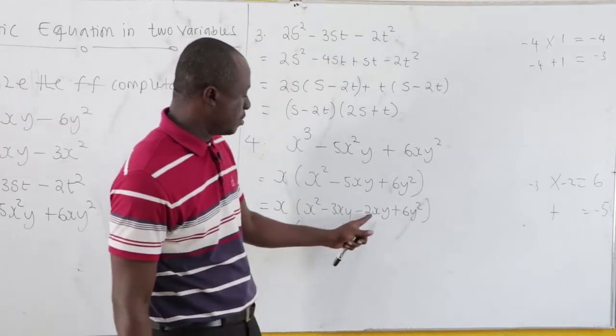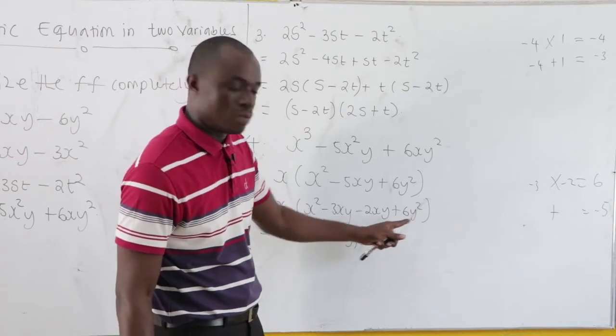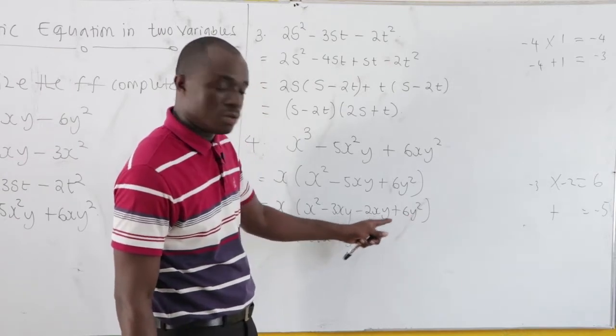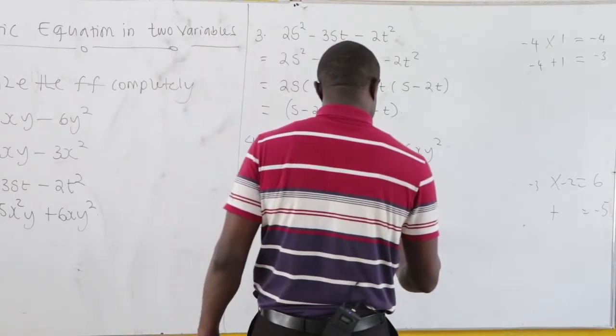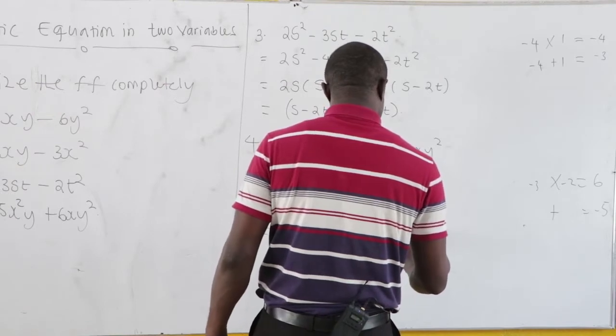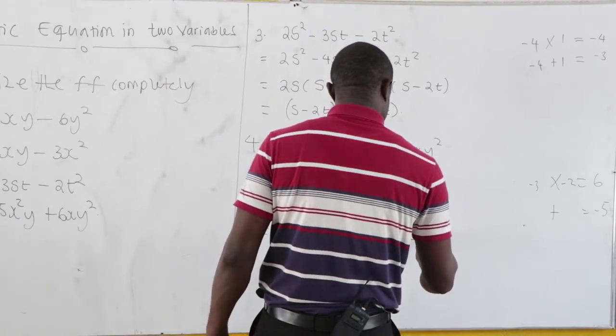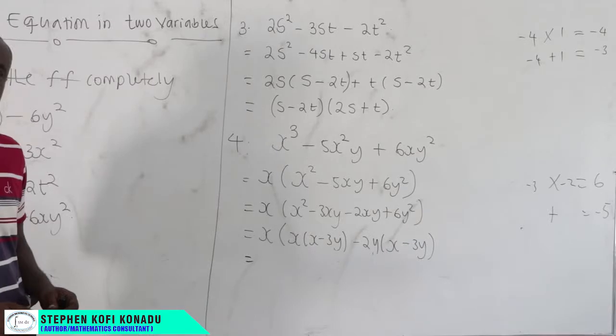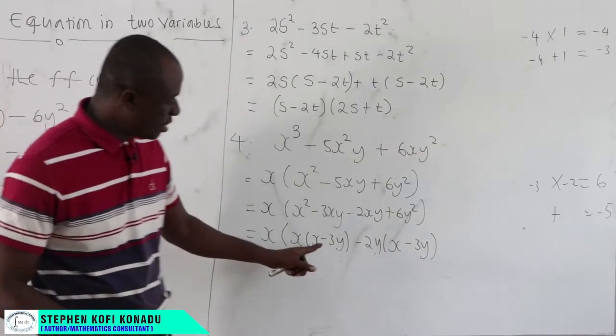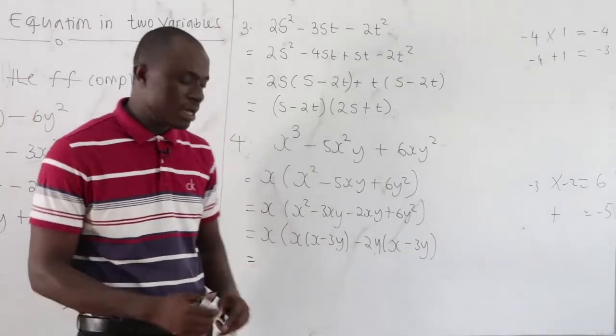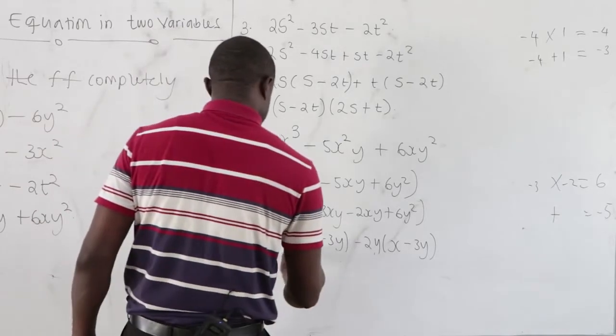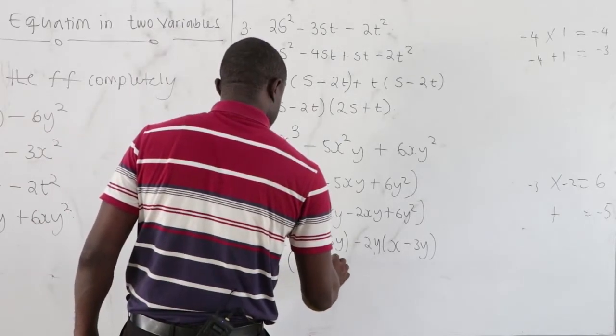Now y is common, negative 2, so you bring negative 2y out, and you will get x minus 3y. From here we can see x minus 3y is a common factor, so we have x minus 3y.